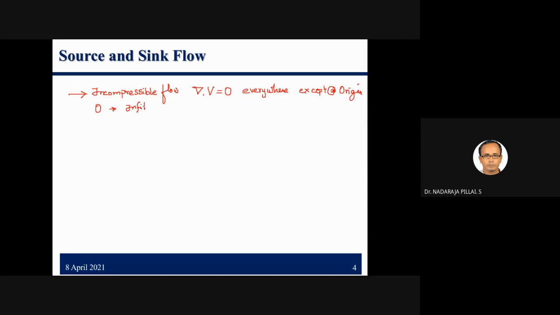We will discuss that. And the second point is that the source flow is irrotational at every point.